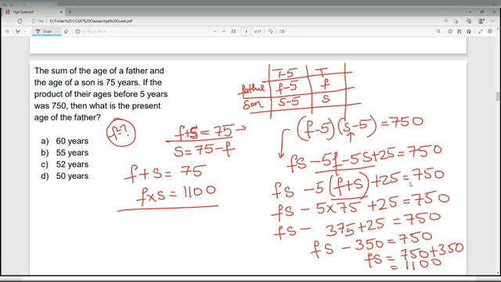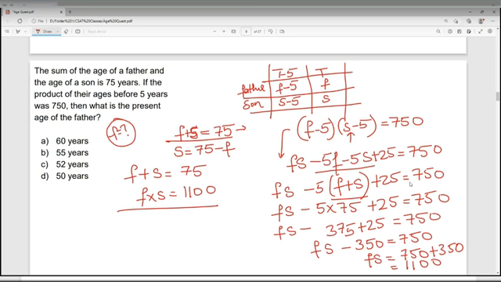So what you can do is, if you want, you can substitute the value of f here and then solve a quadratic equation. But I would suggest you try the numbers here because that would be much easier. In this case, going the long route would be more time consuming, so it's better to test the numbers here.